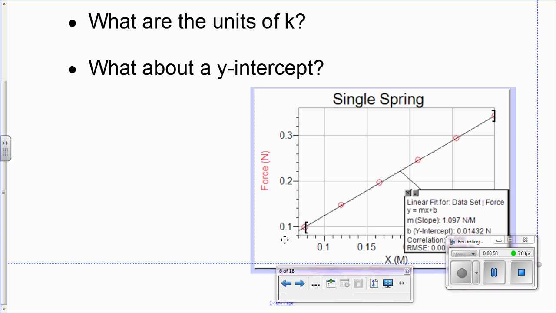That's just how it is, and the springs we used today were very easy to stretch. Now, always remember the units for K are newtons per meter, because we're graphing force versus the change in X, which was in newtons and in meters.